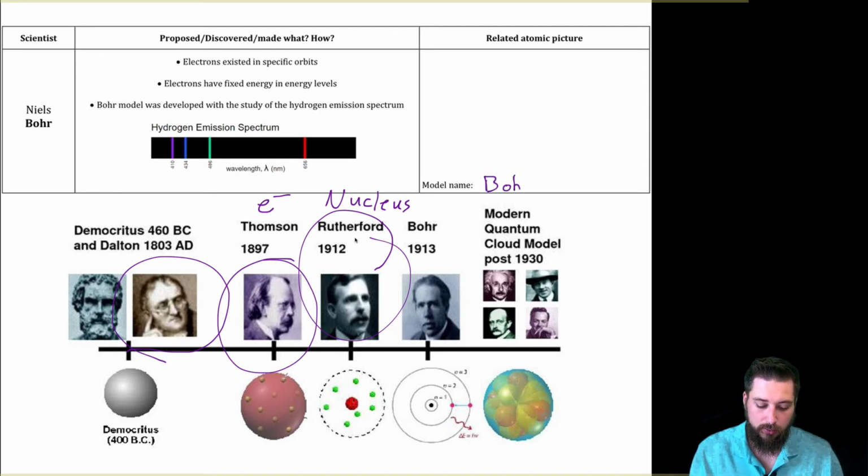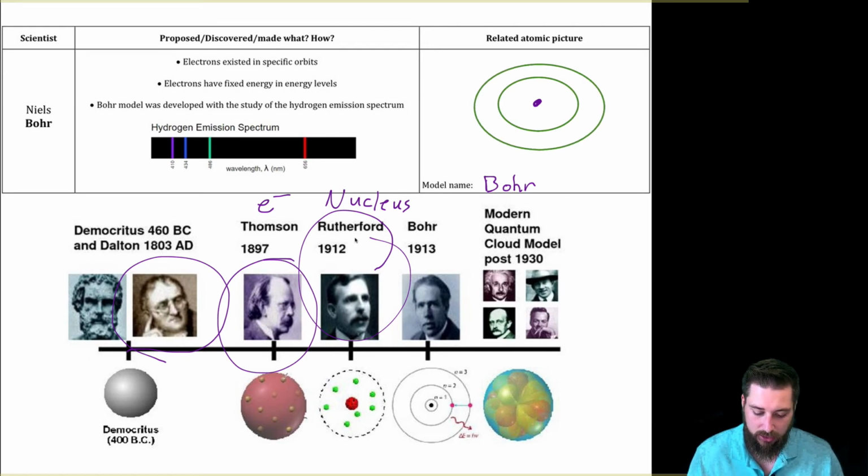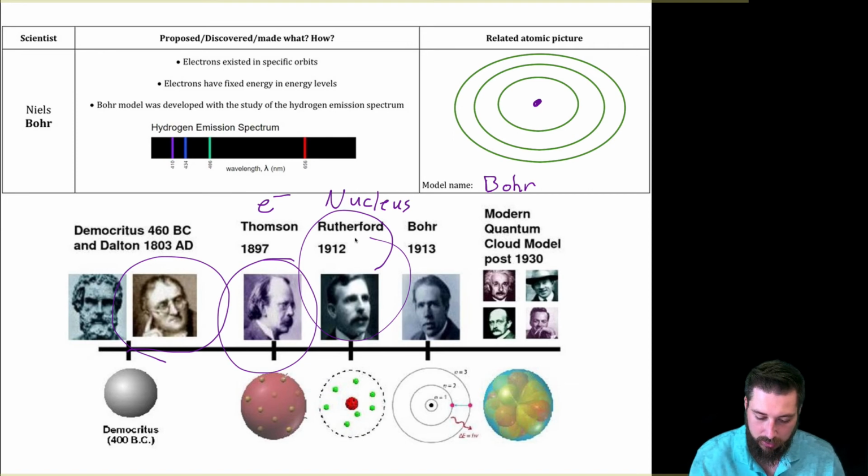We have a nucleus, and around the nucleus, let's go ahead and get some nice fancy rings here. So there we go. We have these specific energy levels around the nucleus, and the electrons will be on these specific rings.